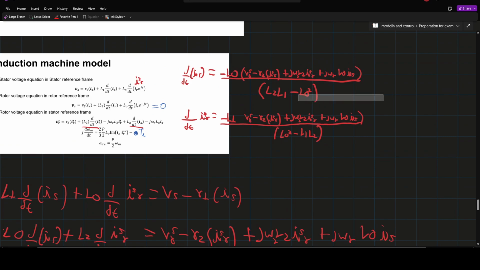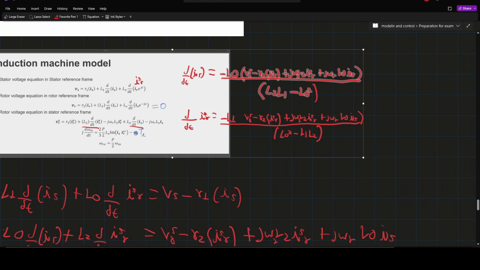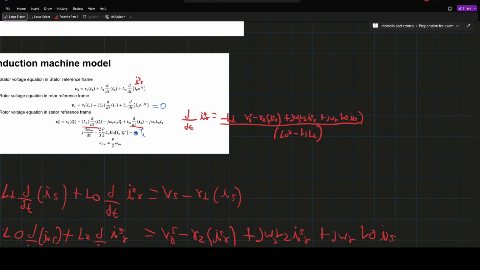So now I can put it here. I'm just gonna use an eraser.